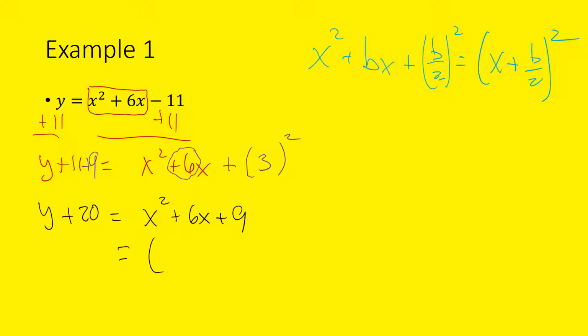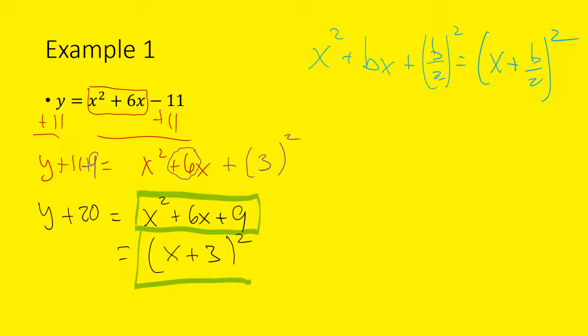So that means that this trinomial here can be rewritten as x plus 3, that quantity squared, and they're equivalent to each other. So that trinomial quadratic is equal to this binomial quantity squared.